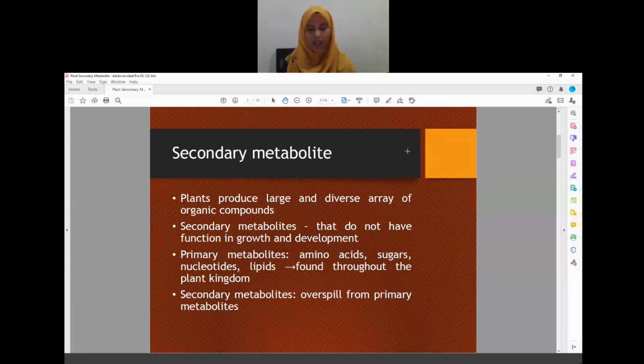Plant secondary metabolites are very interesting compounds to be studied and investigated.